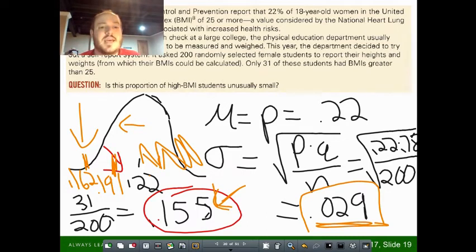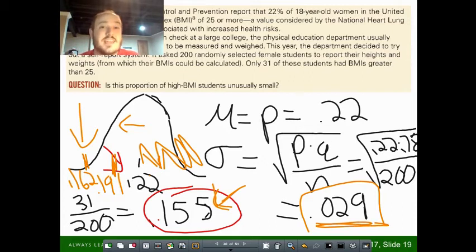So that means that either one of two things are true. Either A, this random sample of 200 students that we selected just happened to be the skinniest girls on campus, and they were all super skinny. And it just happened to be that those were our randomly selected girls for the self reporting thing.